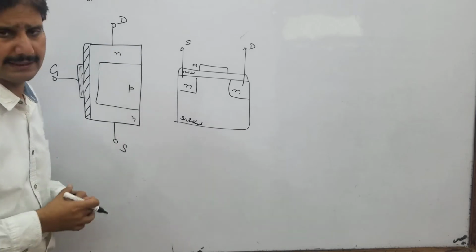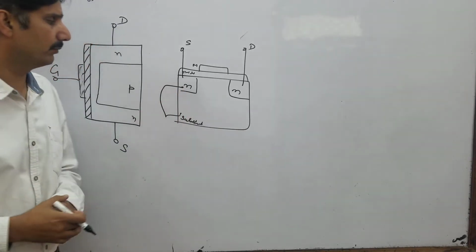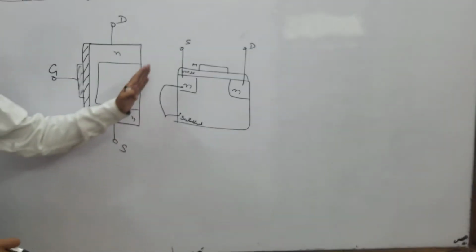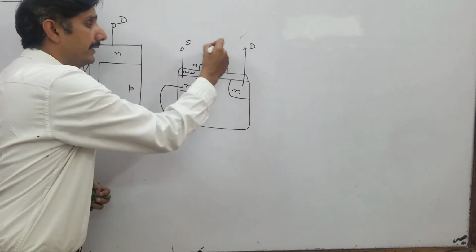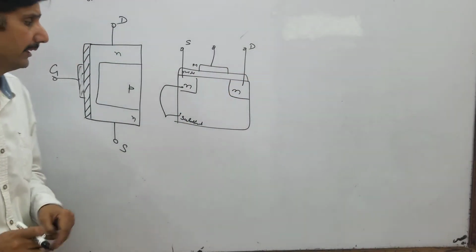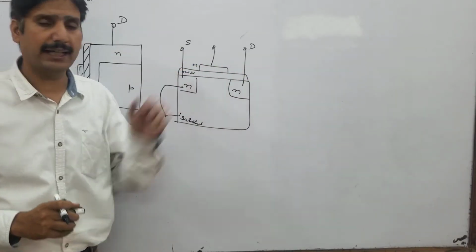But in most cases, the manufacturer internally connects the substrate with the source. So instead of having 4 terminals as source, gate, drain, and substrate, we generally have 3 terminals, that is, the source and substrate combined together, the gate and the drain.